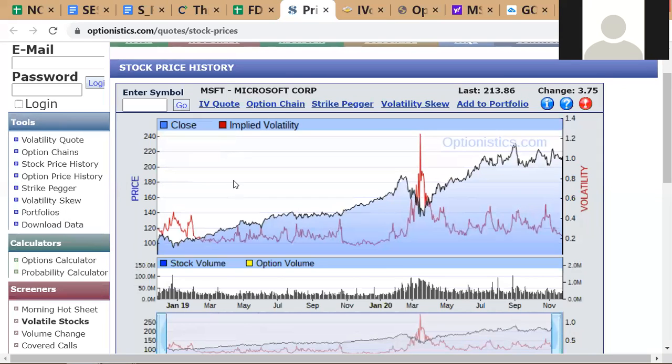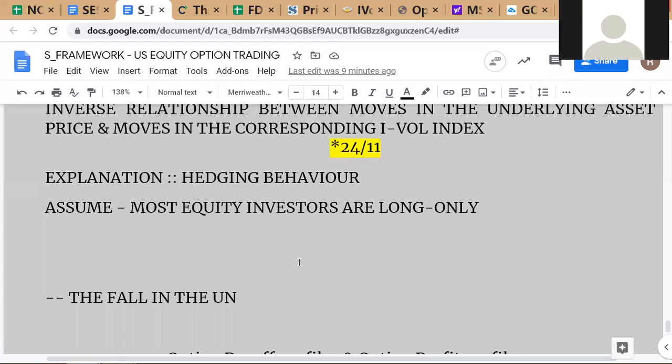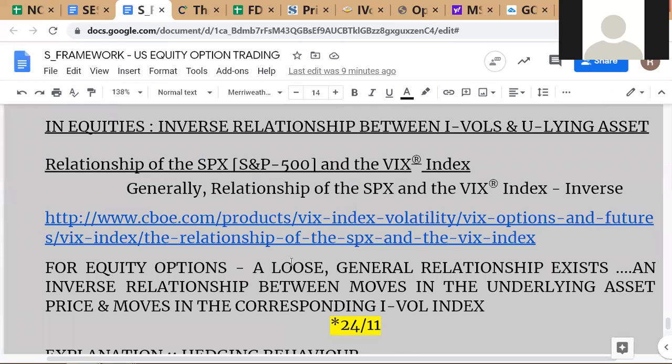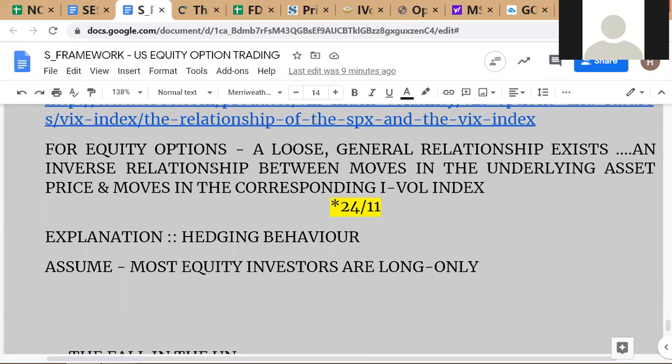We are saying that there is an intermarket correlation, and historically there is a tendency for an inverse relationship to develop between underlying asset prices in equities and the IVOL index. In this case, the underlying asset is the Microsoft stock that we are discussing. So these two have an inverse relationship. This is the context in which we are discussing this problem.